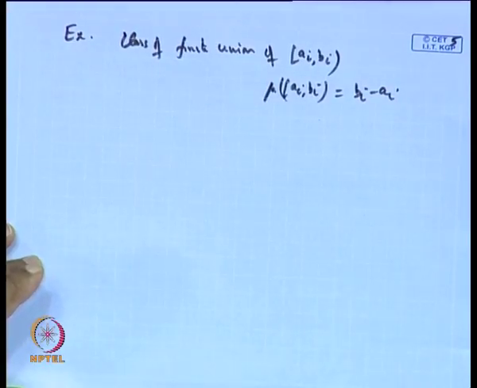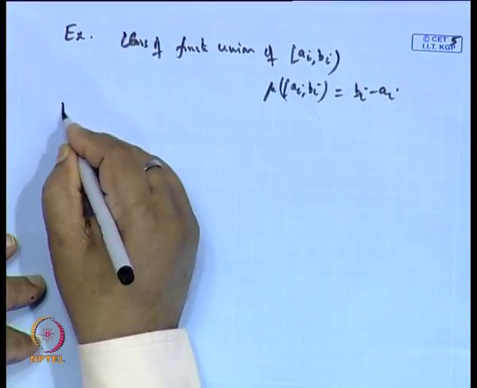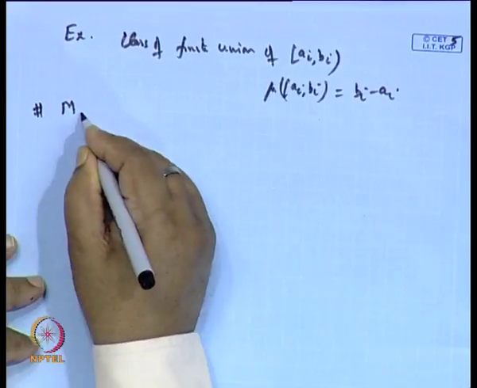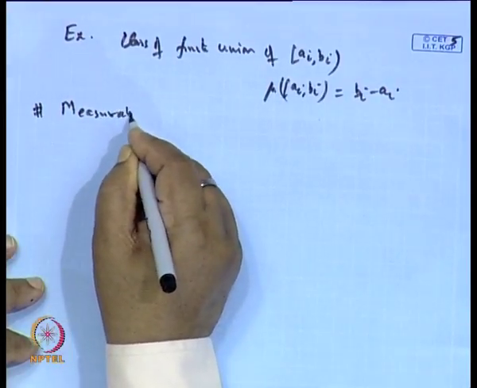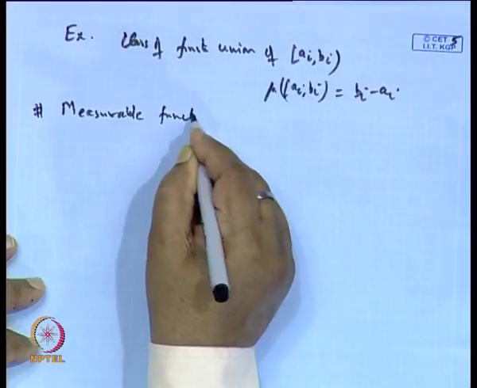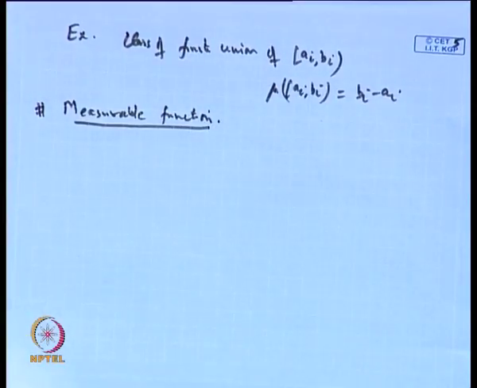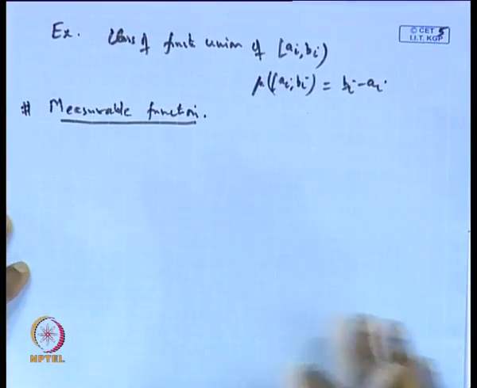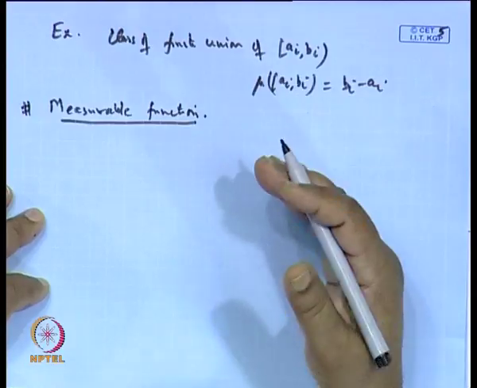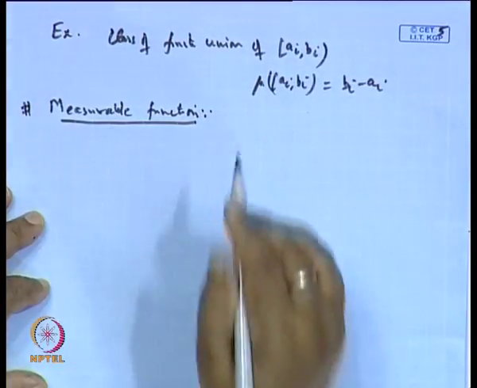Now, there is another concept which we need, the concept of measurable functions. I am going very short, just reviewing the whole thing, because this is a separate discipline, measure theory, where you will see it in detail.